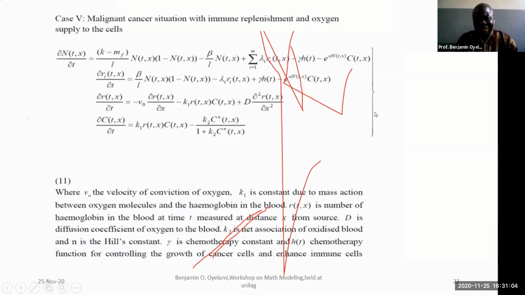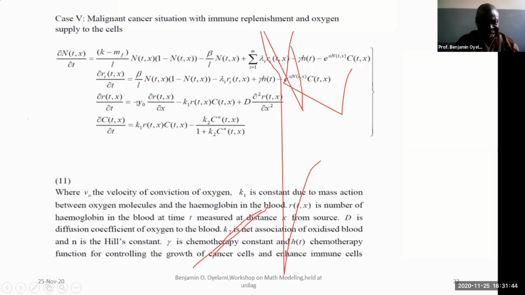Another thing is that the medical doctors or the biomedical engineers are supposed to think of how they can achieve that. Some of them we can achieve through drugs. Some of them, there is a need to design equipment that will be able to achieve that. Maybe they will introduce such equipment to the patient, and the equipment should be able to extract oxygen within the surrounding of the cell. So biomedical engineers have to think of how to achieve some of these things.